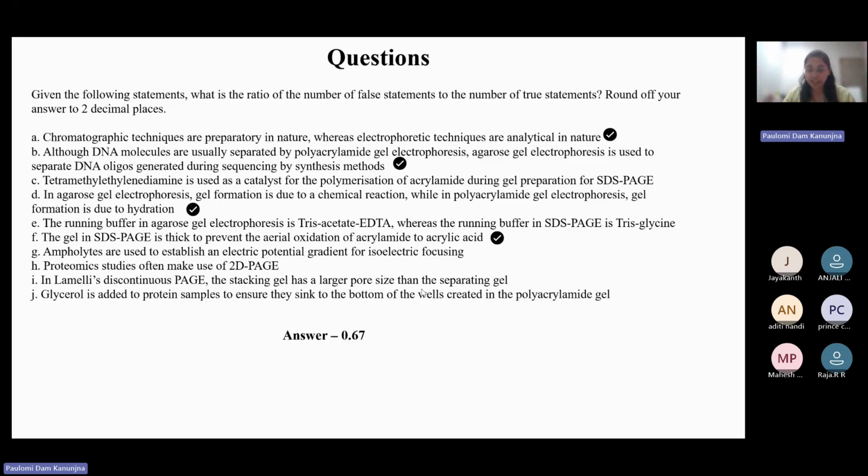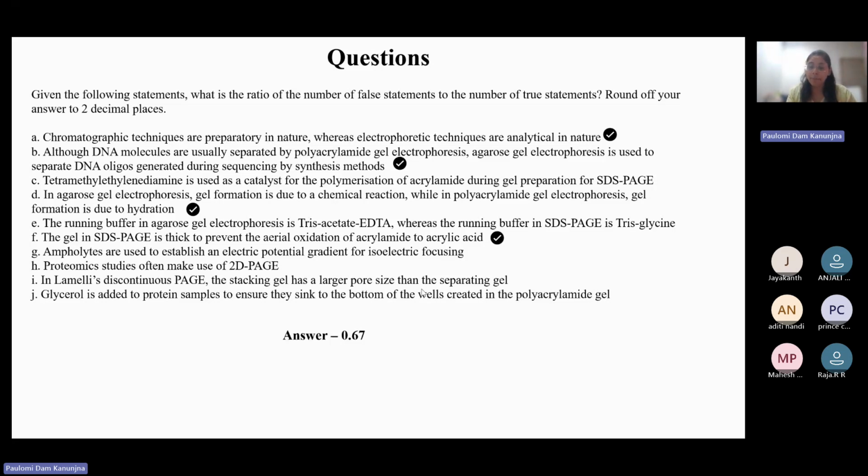We dissolve it by heating the flask. The agarose dissolves in the buffer, and we add our fluorescent dye, pour it into the matrix, and let it solidify.